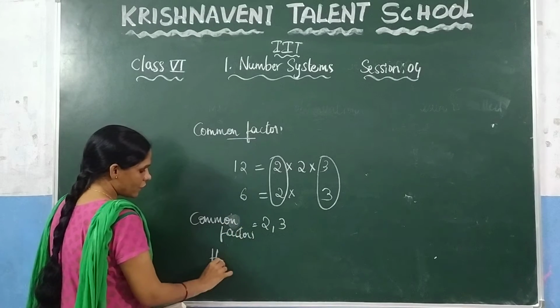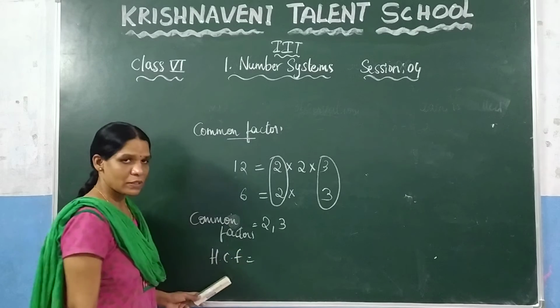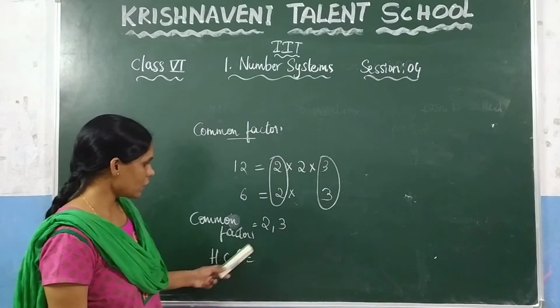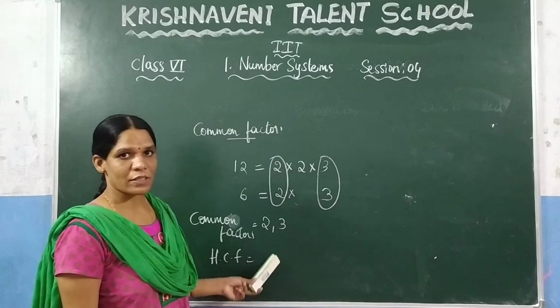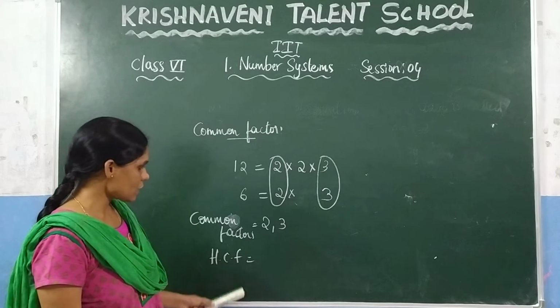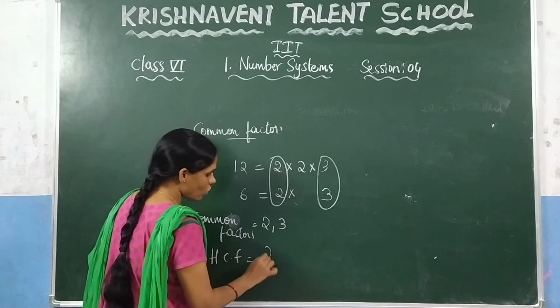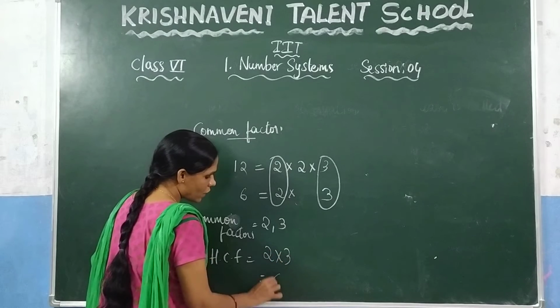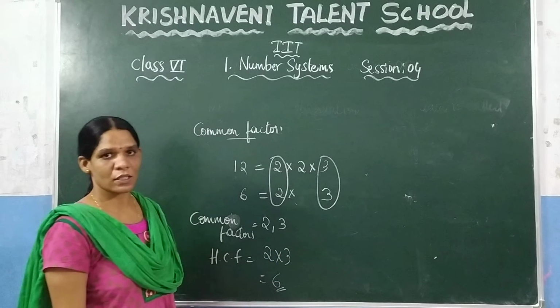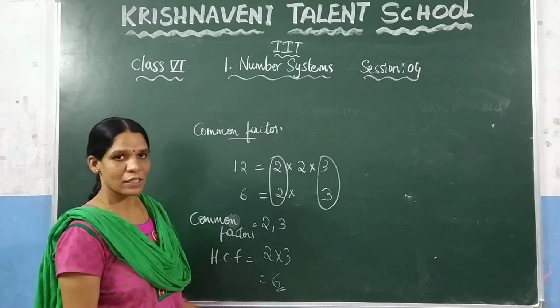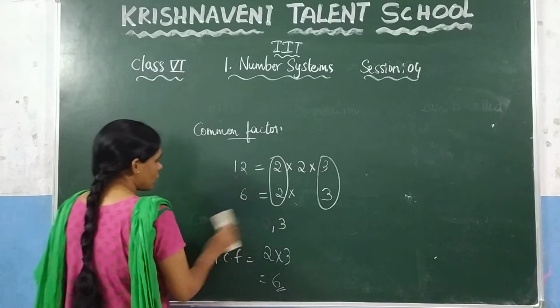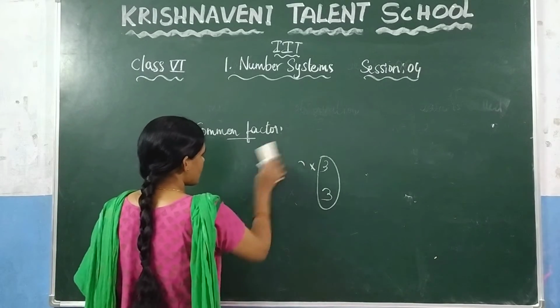Now if you want to find the highest common factor, which is the HCF, we now know how to calculate the common factors. You need to take the product of these common factors so that you will get the HCF of the given numbers. Like this you need to calculate the highest common factor, which is the HCF.